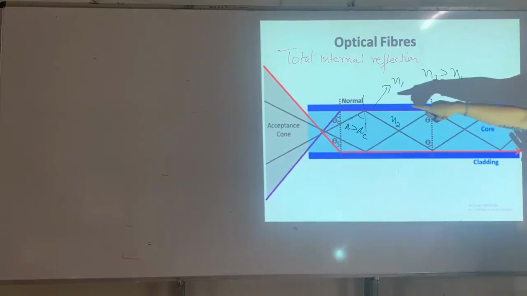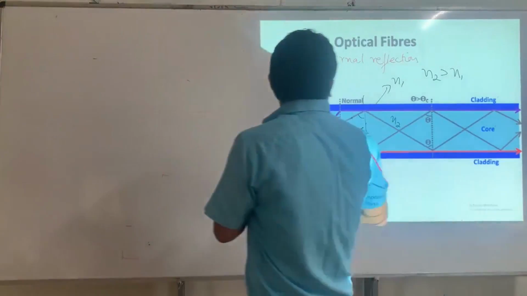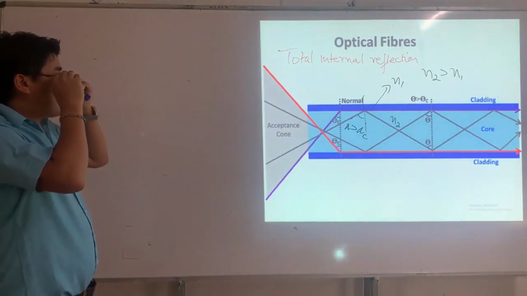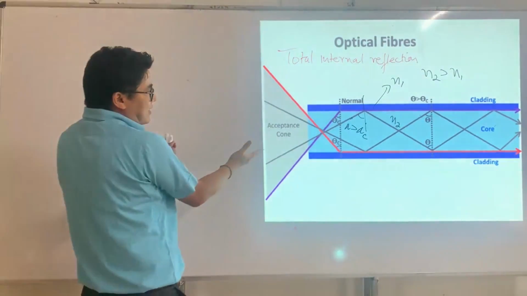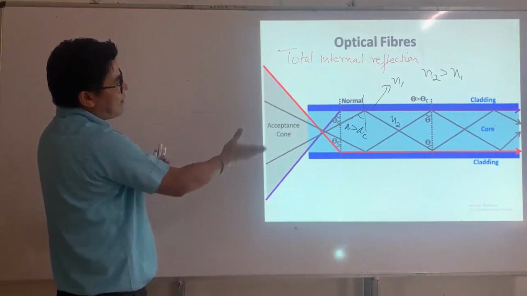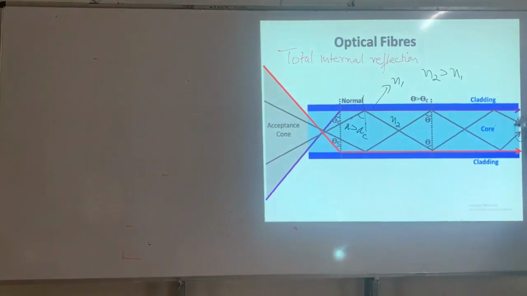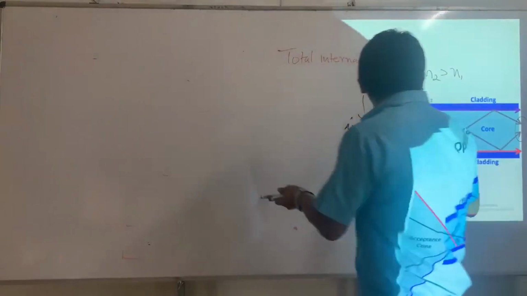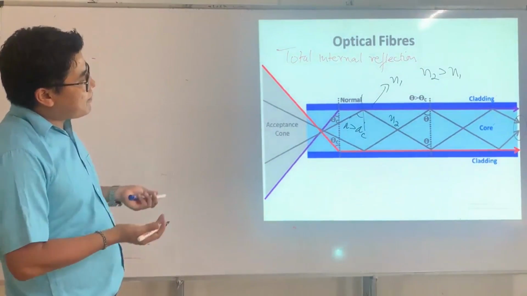So there is total internal reflection taking place in the core. Therefore electrical signals can be converted into light, and such light is sent through the optical fiber, and then finally you get the information, and this information can be converted into electrical signals, and then you can see it through a monitor or computer or whatever, right?